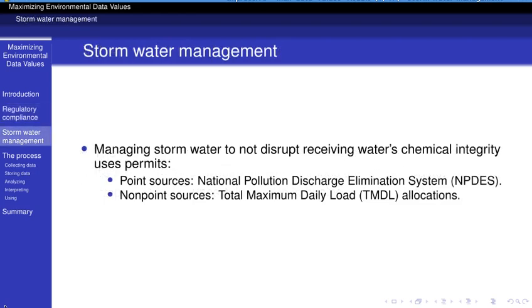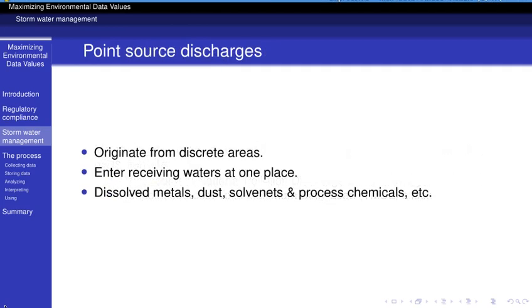The mechanisms regulators apply to manage stormwater discharges separate point source and non-point source pollutants. Point source contaminants originate from a discrete area, such as a manufacturing facility or construction aggregate mine, that are carried by stormwater runoff to a single outlet into a receiving water body.